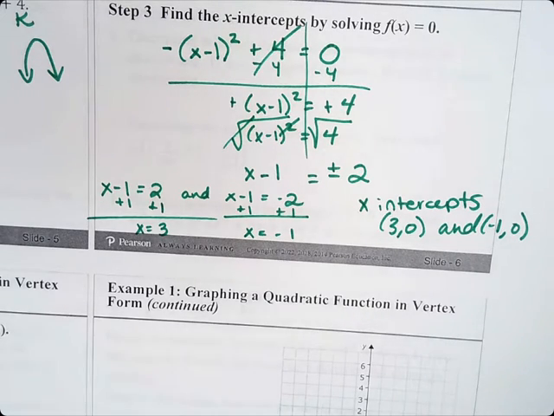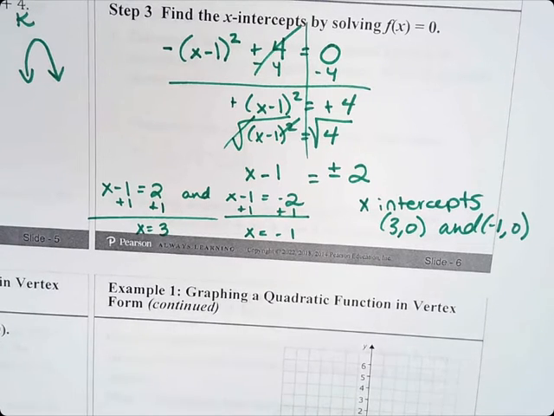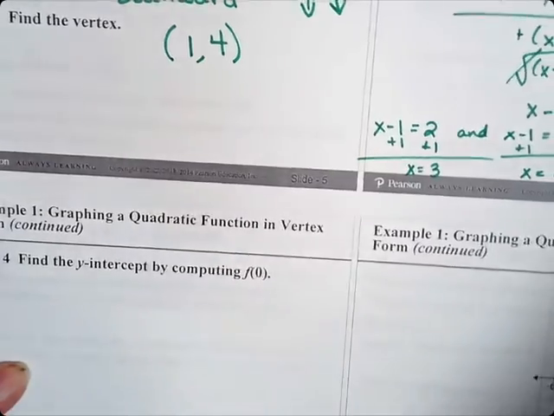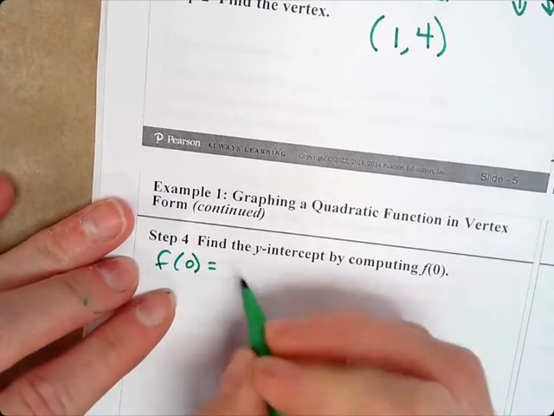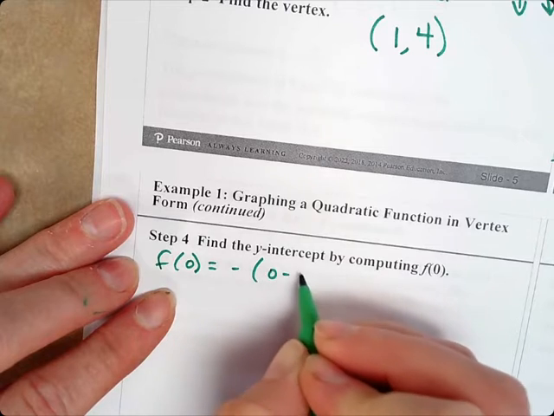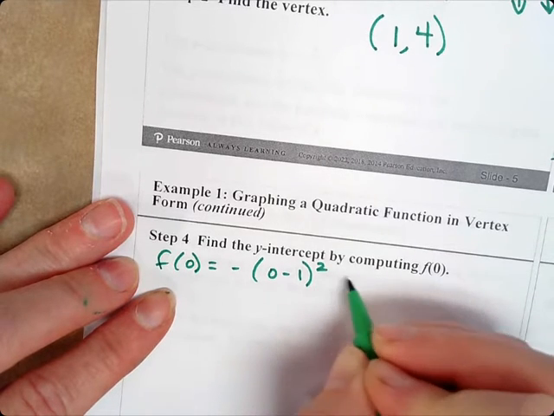So let's go on to the y-intercept. To find the y-intercept, you're looking at what is the y value when x equals 0? So it says f of 0. That means I'm going to substitute in 0 into my equation.